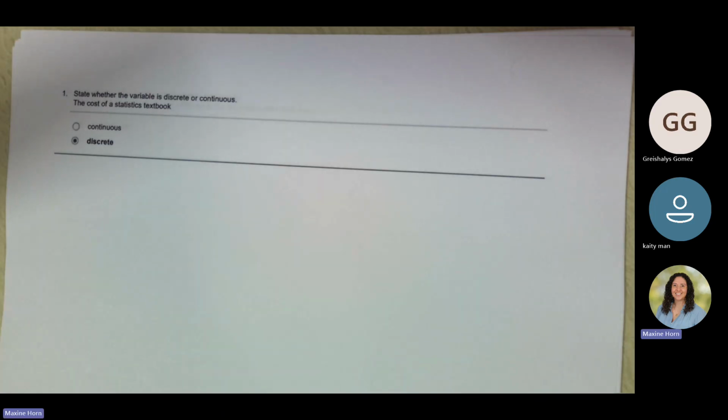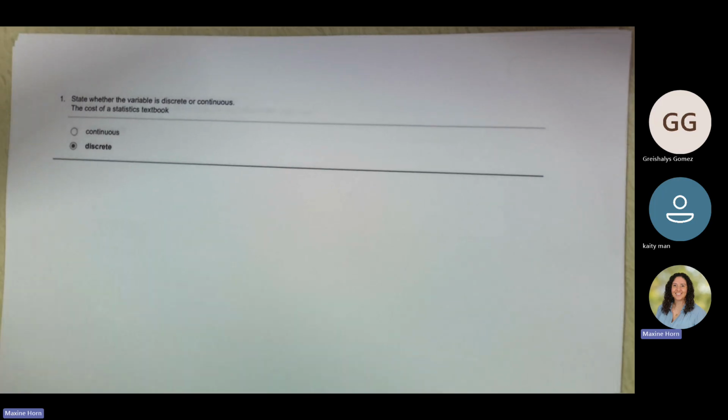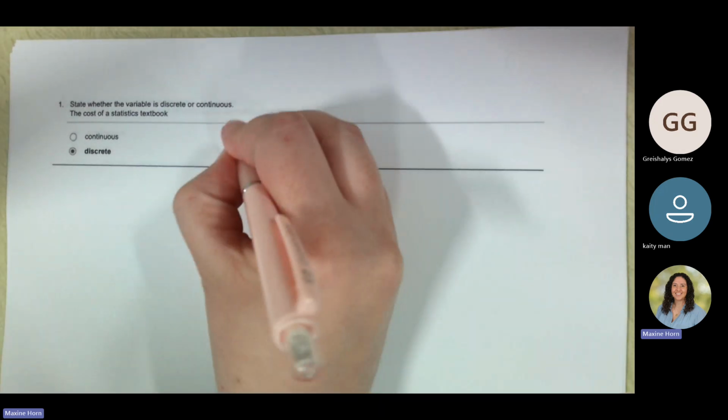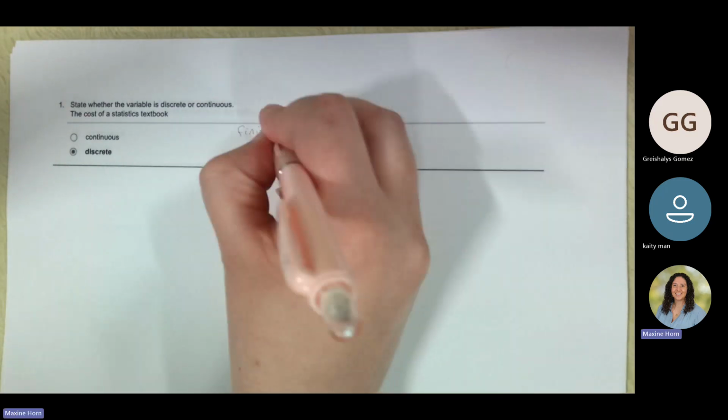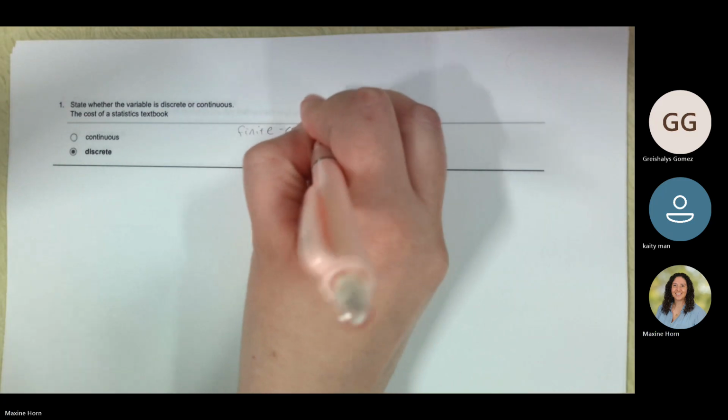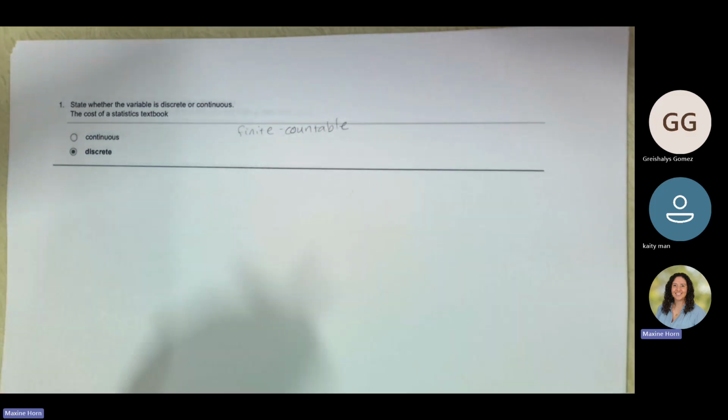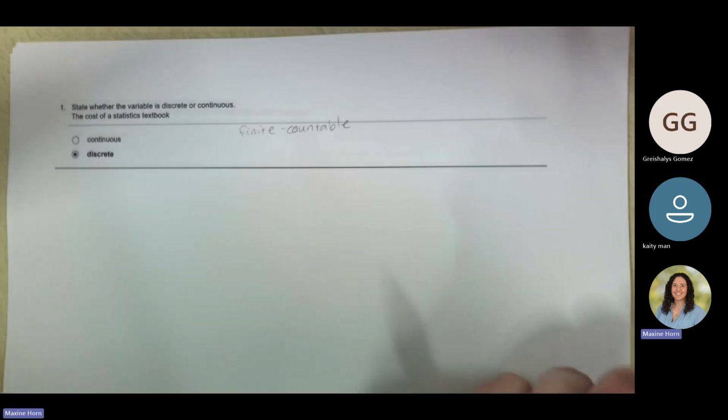State whether the variable is discrete or continuous: the cost of a statistics book. So real quick, let's remind ourselves of the definitions here. If something is finite or countable, then that is something you can say is discrete.